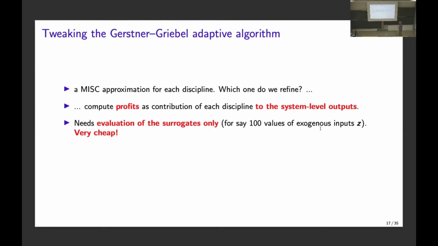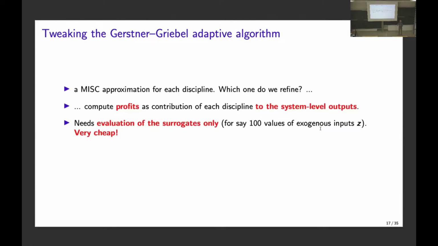So in the standard Gerstner-Griebel, once I compute one profit, that is it. In this case, profits get computed over and over and over because every time I change one thing here, the impact of everything everywhere could change. Like imagine that one model is approximated by a constant, somewhere in the middle.